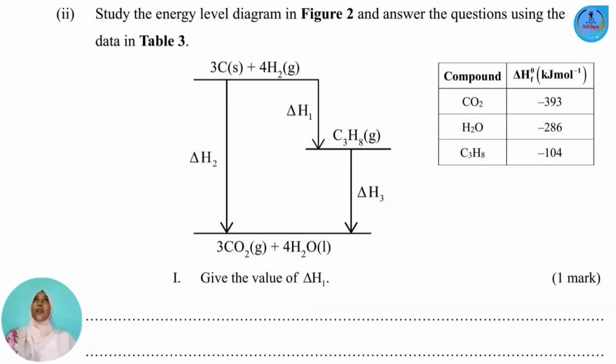Now, there was a guy called Hess. Hess came up with a law whereby he essentially states that it does not matter how many steps you take, okay? You can take 1 step, you can take 100 steps. As long as the starting point, or the reactants, are the same, as long as the products will be the same at the end, the energy content or the enthalpy is still going to be the same.